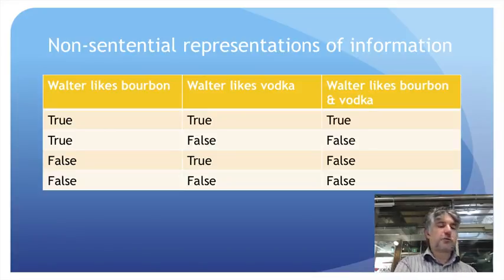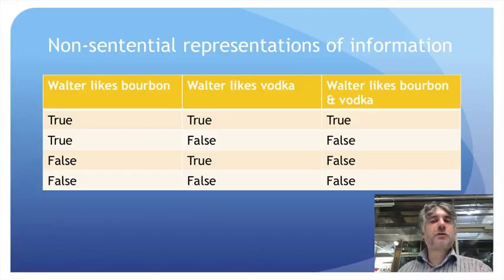So look at this truth table for a moment. Now, the first column of the truth table is the proposition Walter likes bourbon. The second column is the proposition Walter likes vodka. And the third column is the conjunction of those two propositions, which could naturally be expressed in English by the sentence Walter likes bourbon and vodka.